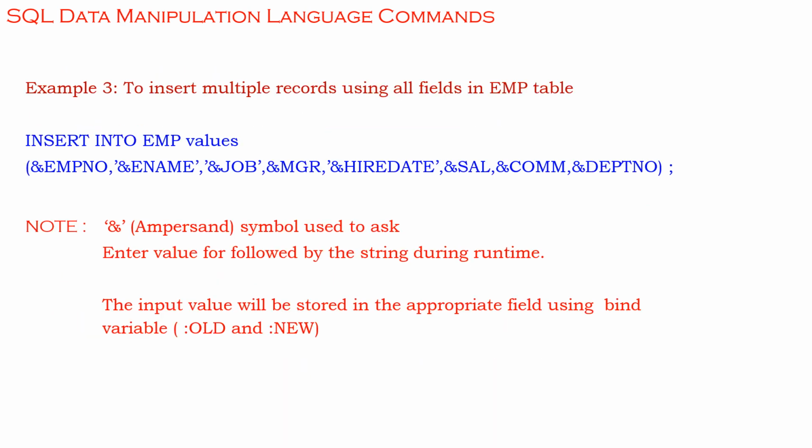To insert multiple records, you should use the ampersand symbol. You can see in the following example how the ampersand symbol is used: insert into emp values, and before every attribute name you will have an ampersand symbol. Since the ampersand symbol is used, it will ask for the value from the user multiple times.